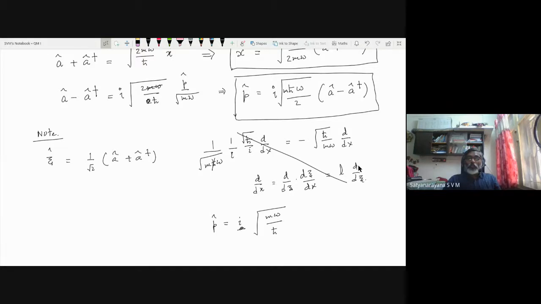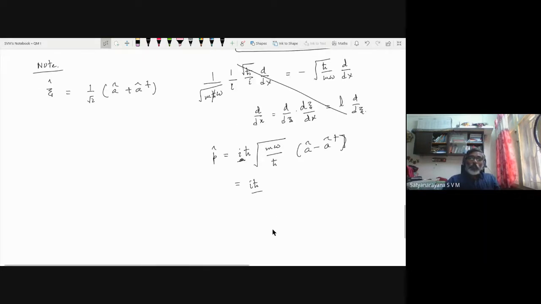That means I must multiply this with the h bar, right? So m omega by h bar into a minus a dagger. So this is equal to i h bar. This is i h bar by L, i h bar by L into a minus a dagger.